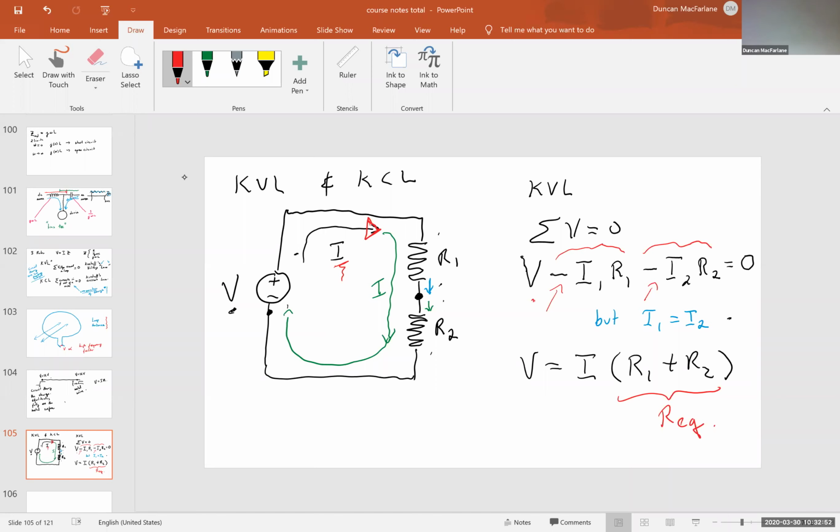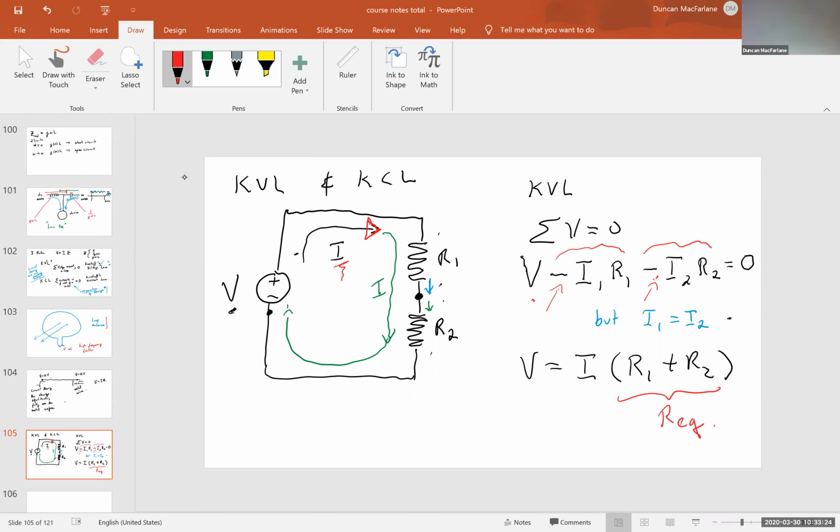And Samir is right, it's dangerous to do that, but I'm throwing caution to the wind and taking my chances. So the voltage drop. And doesn't it need to be a minus sign inside the parentheses with R1 and R2? So I have the same sign here as here. Yeah.